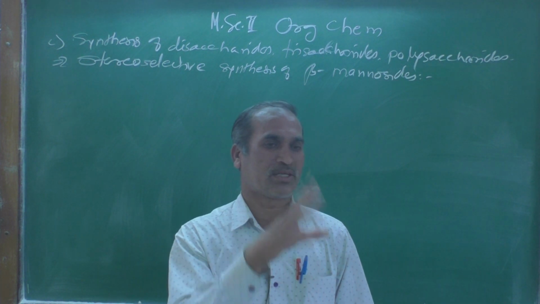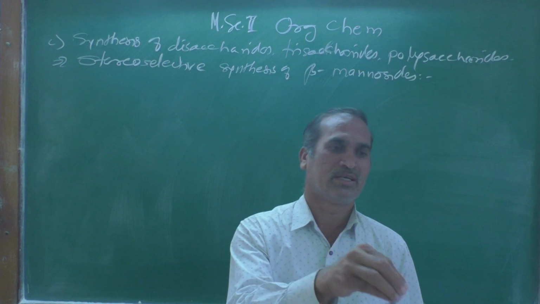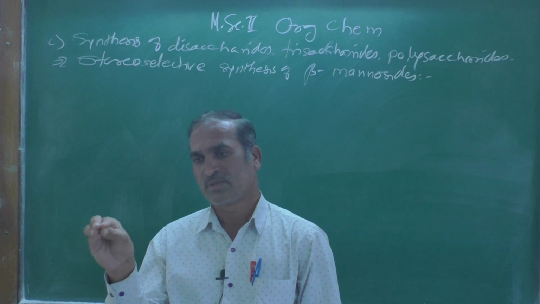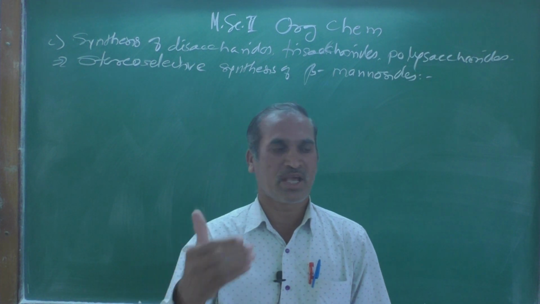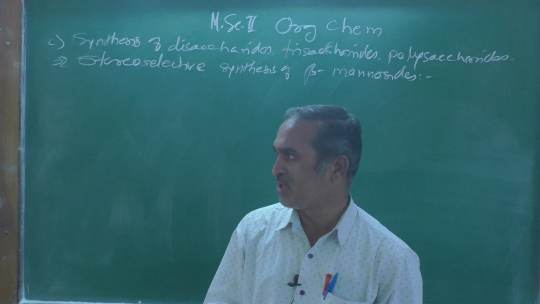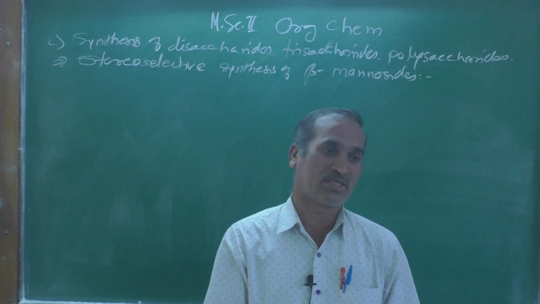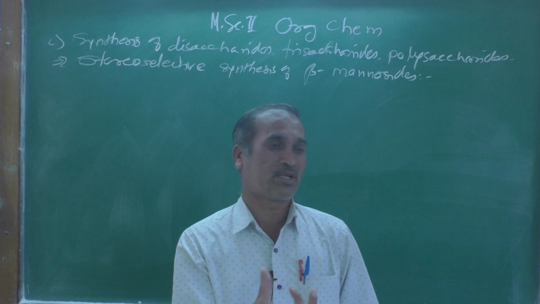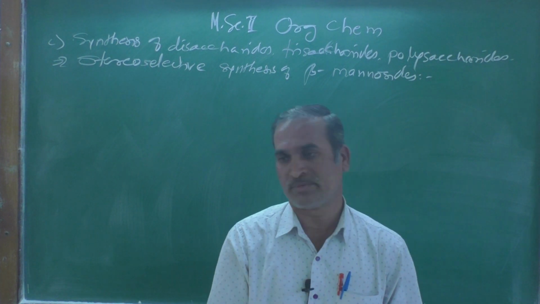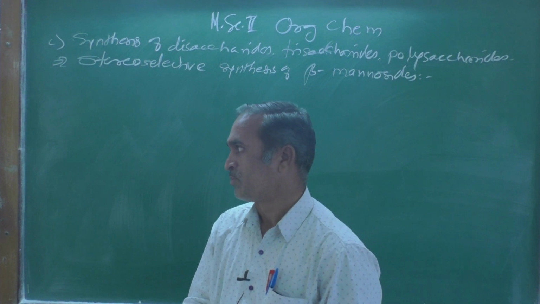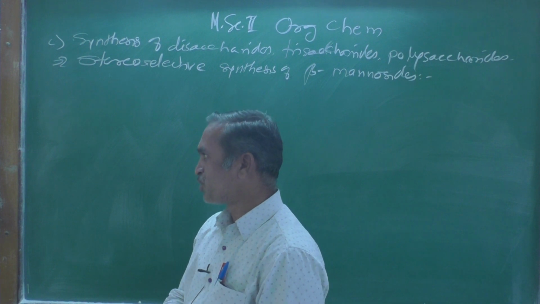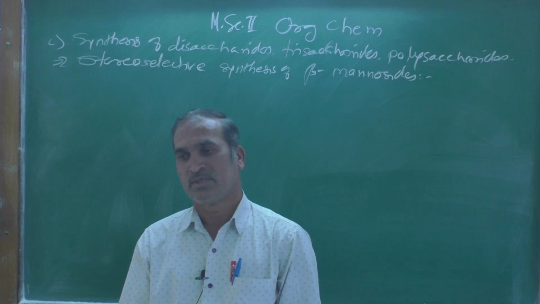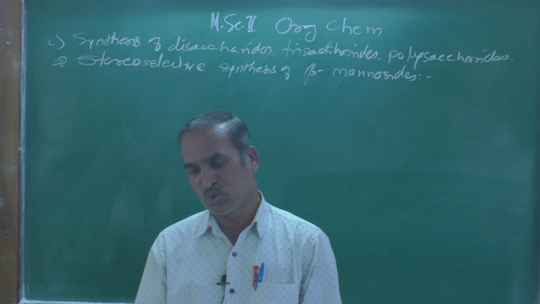If a hemiacetal group is present in their structure, that compound gives a positive test. The hemiacetal group is responsible for showing a positive test of Fehling's solution as well as Tollens' reagent.